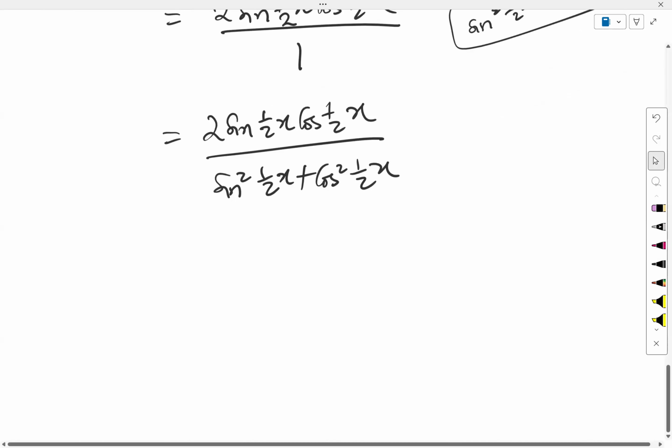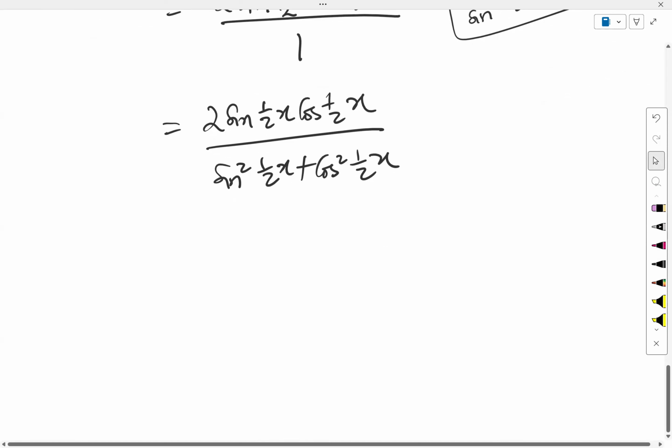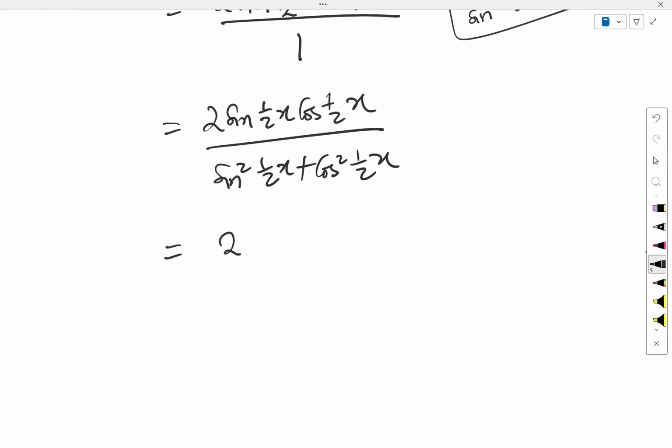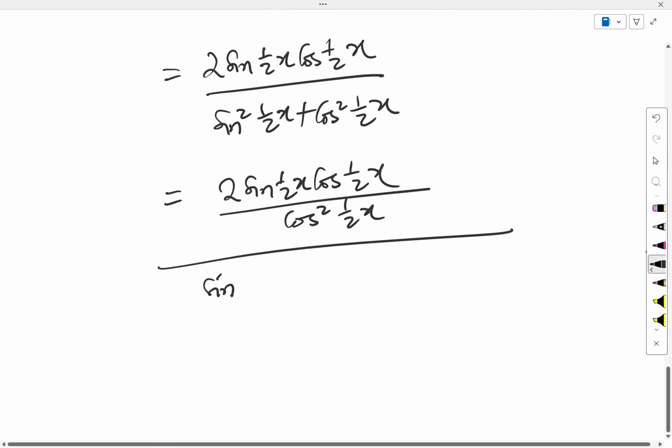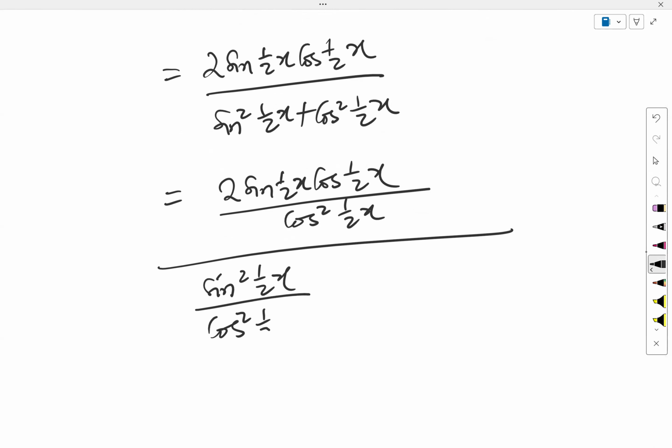Now we can divide each term by cos squared half x, because we need to get tan out. So we have 2 sine half x cos half x, that is one unit, so we can divide the whole thing by cos squared half x. That's the only way we are guaranteed of getting tan and constants. So you have sine squared half x all over cos squared half x, then plus cos squared half x all over cos squared half x.